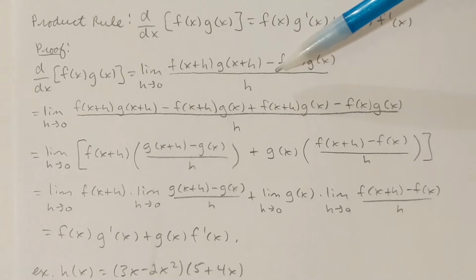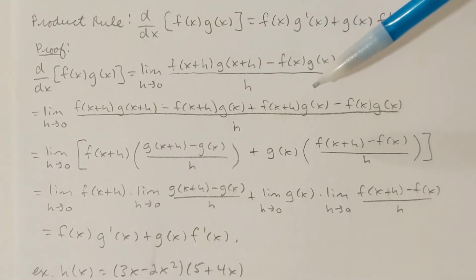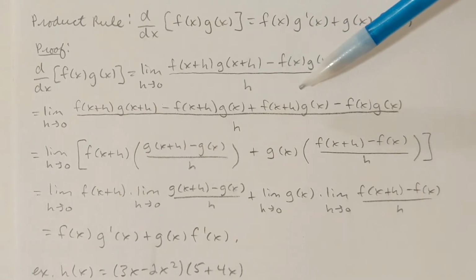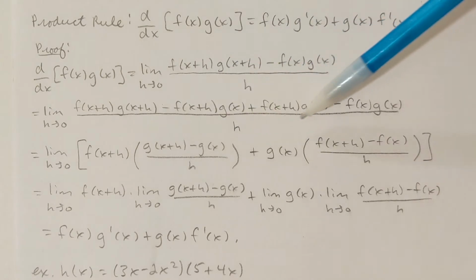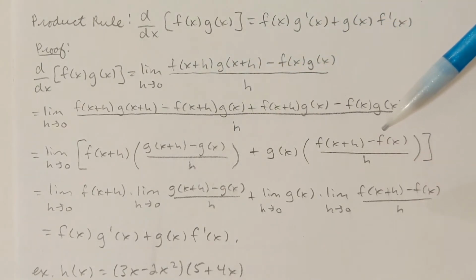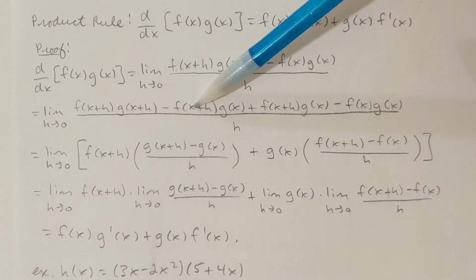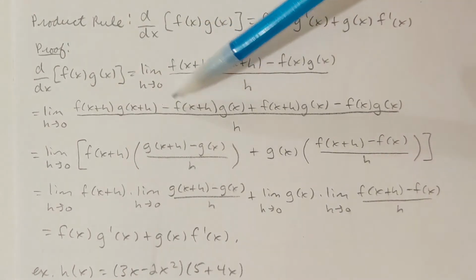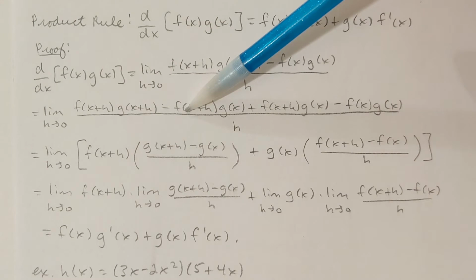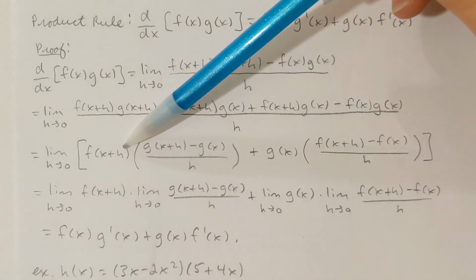Okay, now in the numerator, actually the next thing I'm going to do is I'm going to go ahead and split this into two fractions. Okay, now with the first fraction, f of x plus h would be in common to those two terms in the numerator. Let's go ahead and factor that out.